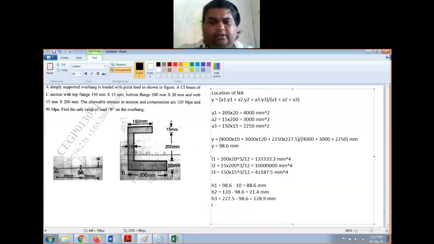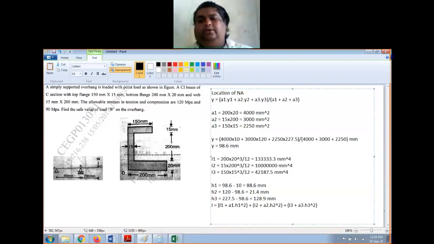So by the parallel axis theorem, I_NA is equal to I1 plus A1 H1 square, plus I2 plus A2 H2 square, plus I3 plus A3 H3 square, right?